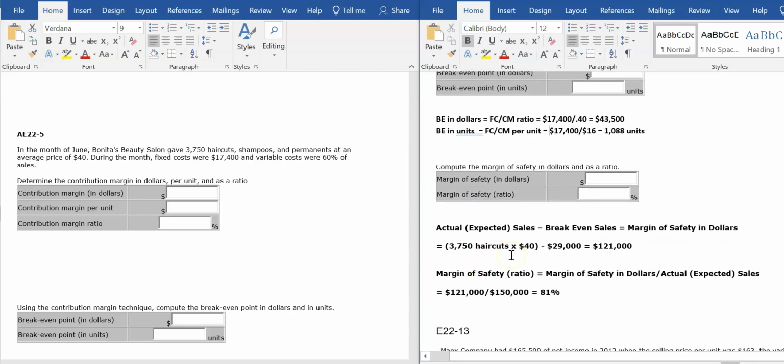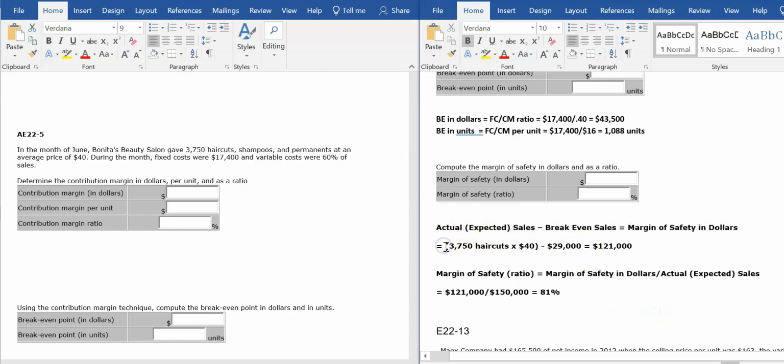Finally, one more ratio or one more analysis tool we can use is to compute the margin of safety in dollars and as a ratio. Margin of safety measures what change in sales can occur before the company starts to incur a loss. And that is calculated by taking the amount of sales and subtracting out the break-even sales to get the margin of safety.